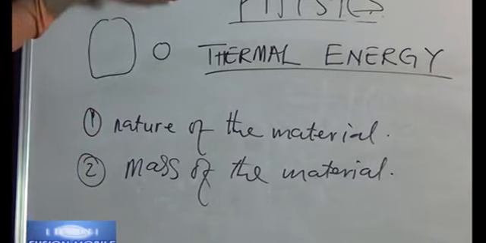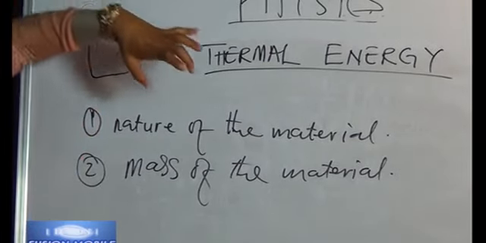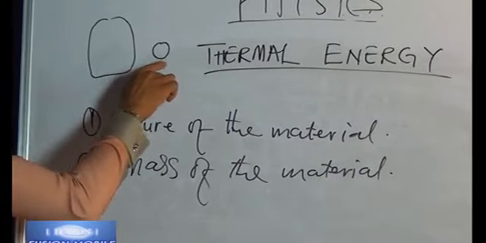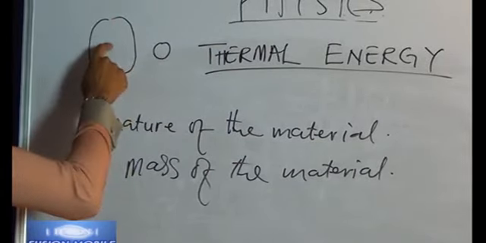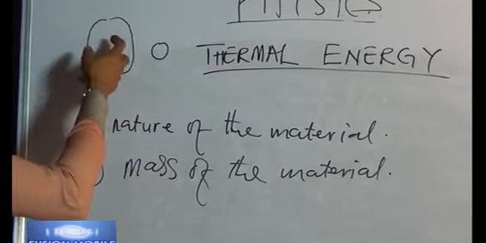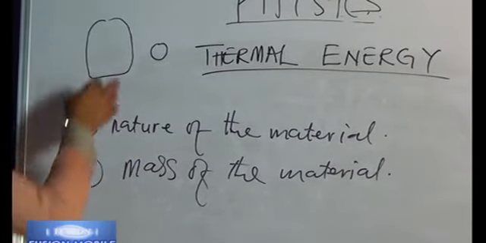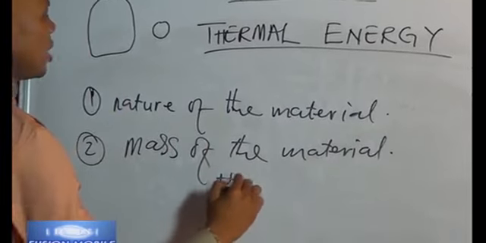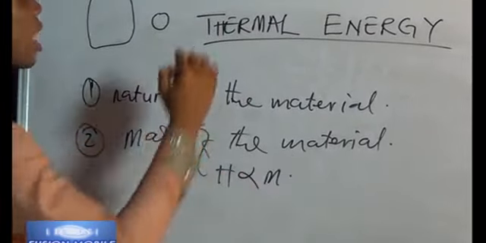And after 3 hours, bringing them out and dropping them on the floor, you will notice that this one will get cold after 1 hour, while this one is still very hot. Why? Because heat absorption is equivalent to the mass. So we say mathematically that heat is directly proportional to mass.